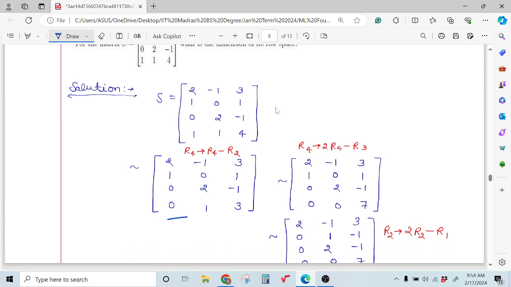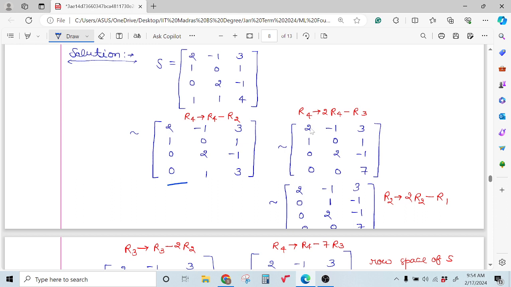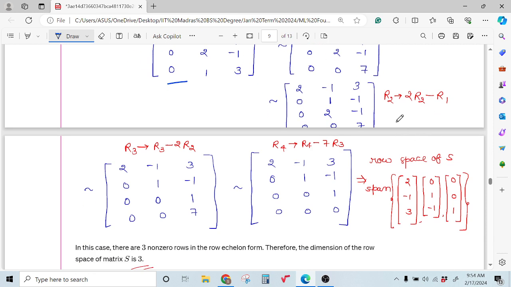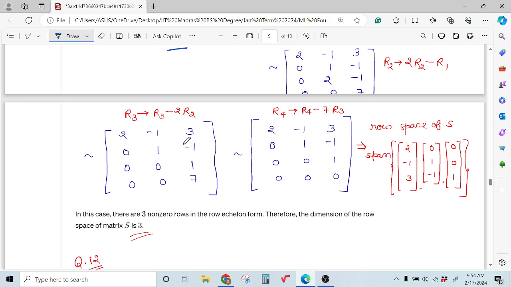We got this, and then we applied R4 minus R3. So we got this, and then finally we multiplied the second row by 2 and substituted it in row 1. We got this, and again we applied these row operations, and we got this matrix.